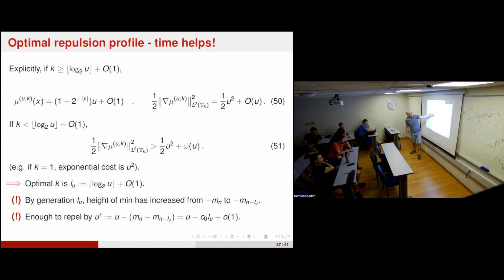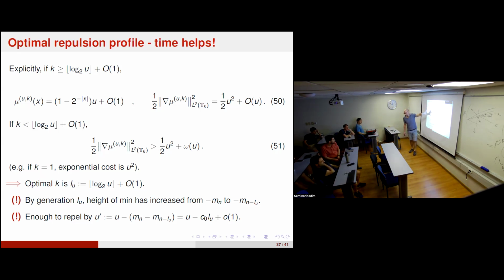You can see from that there's no point in taking a large k. The energy stays 1/2 u squared, and a large k just means controlling more particles. I'm hiding things slightly.